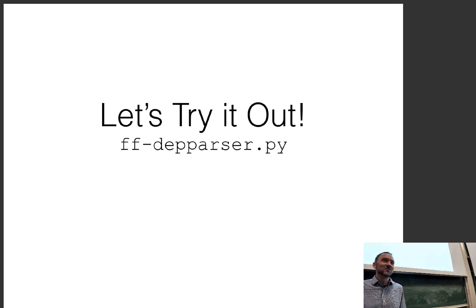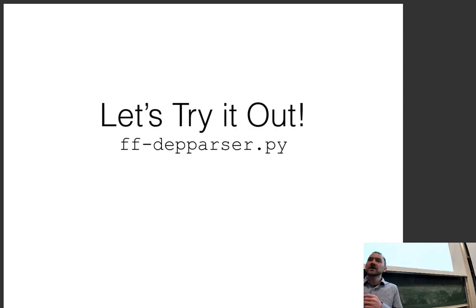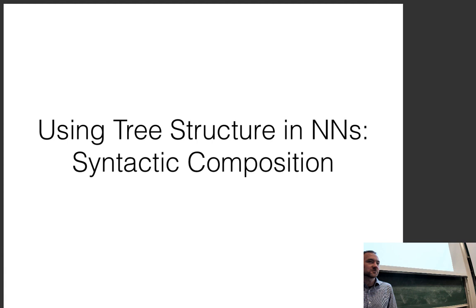So you can take a look at this if you're interested in parsing. So this is an example of explicit feature design, but using neural networks to extract feature combinations and to reason over word embeddings, etc.